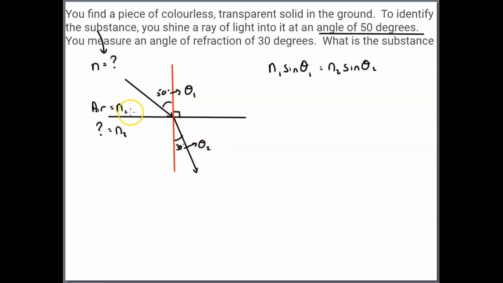Now for air, n is just 1.00. It's very close to being a vacuum, but to 2 decimal places, we can just have it as 1. So if this is just 1, then we can just ignore it.